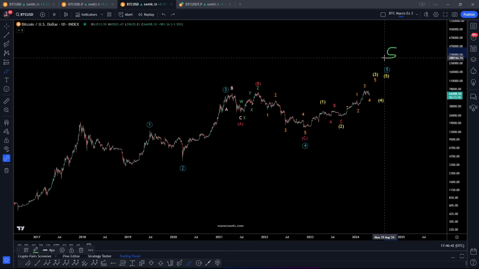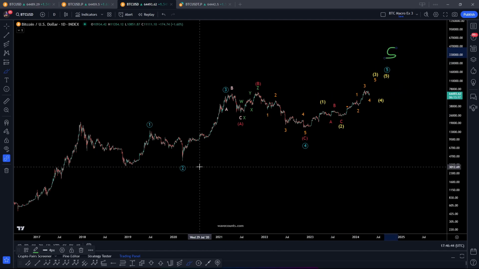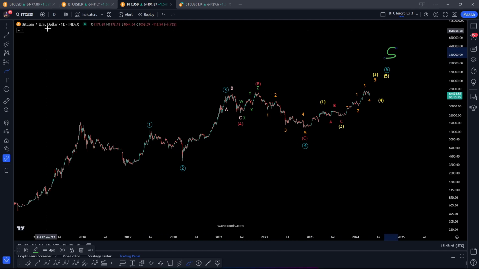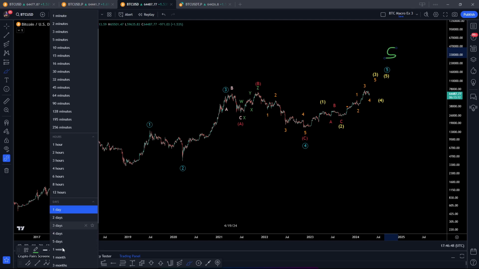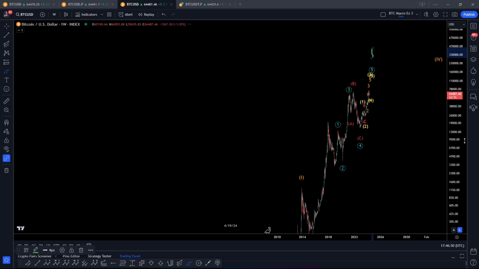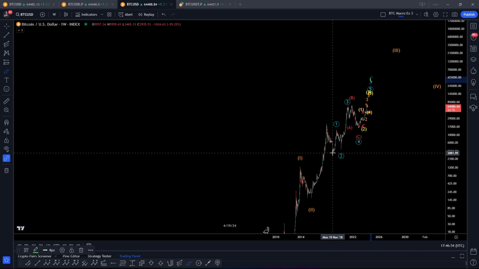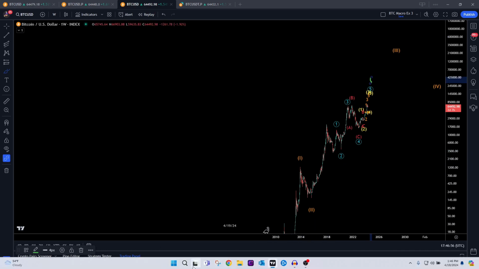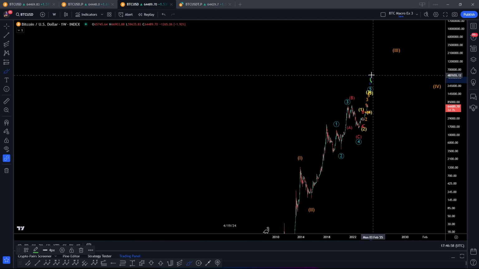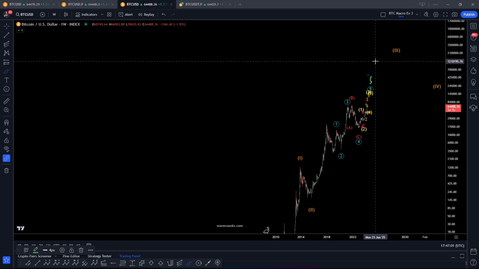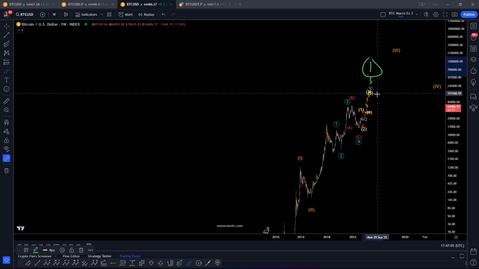Now this is a 5 of 5 of 5 of 5 of 5. Then this would have to be a 4, right? And that's where you're looking at going. Then you're looking, if this is a 5, right? That means that it's a bigger 1. Right?